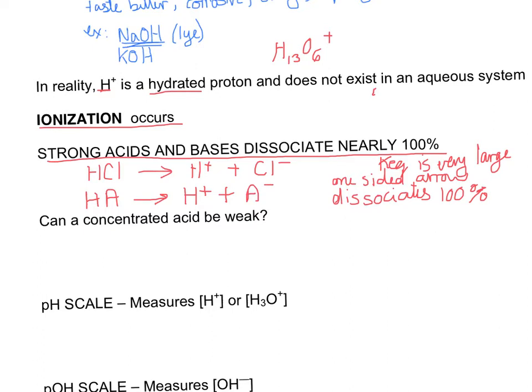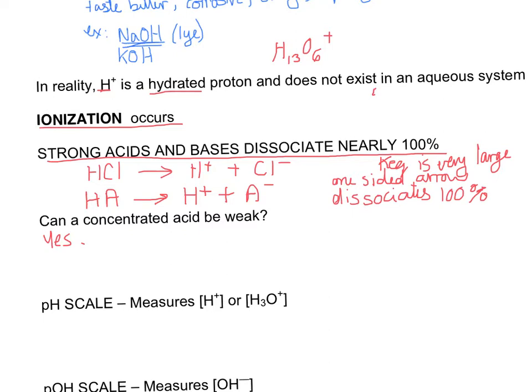So can a concentrated acid be weak? The answer is yes. Whether it's a weak acid or a strong acid has nothing to do with the concentration. A strong acid, so if I have HCl, that's one of my 6 strong acids, means it's going to dissociate 100%. Whether I have 0.1 molar or 10 molar of HCl, it's going to go 100% to ions, and it's going to dissociate completely.